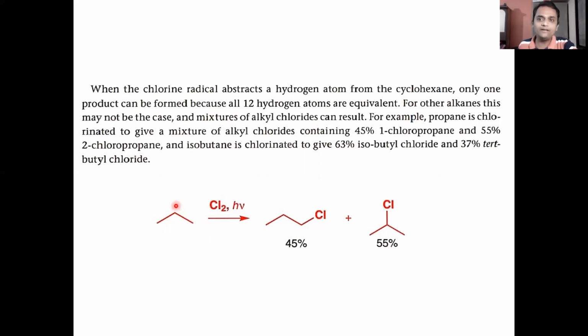But when we consider other alkanes like propane, the 3 hydrogens of the first carbon atom and the 2 hydrogens of the second carbon atom are not equivalent, so we get a mixture of 2 products.